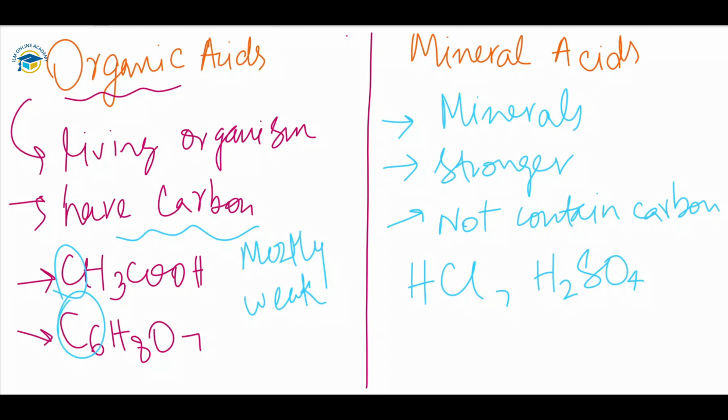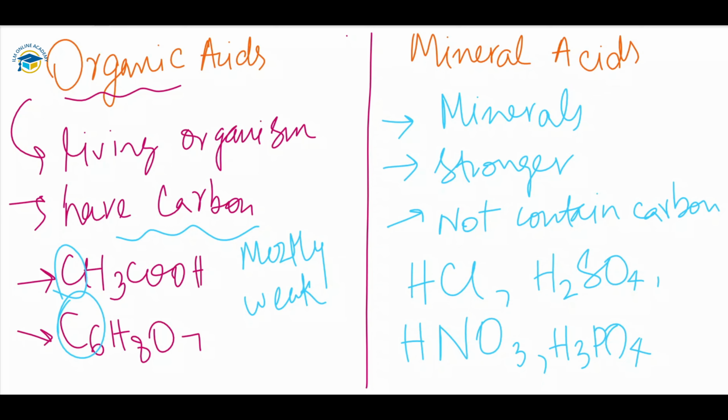Next we have nitric acid, which is also a strong mineral acid, used in making fertilizers and explosives. Next we have phosphoric acid. You can see all these acids do not contain the carbon atom in their molecular structure. Phosphoric acid is used as a food additive, in fertilizers, and in cleaning agents.